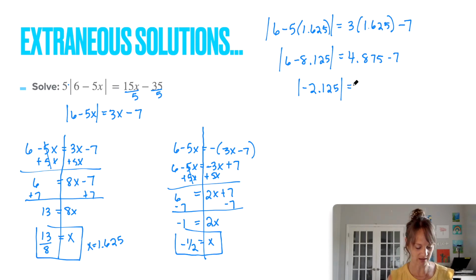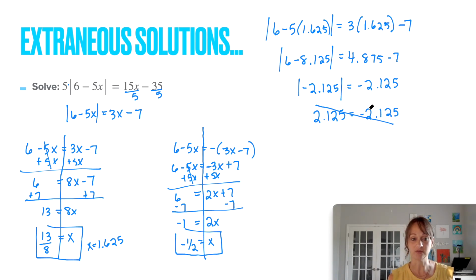And the other side will give me a negative 2.125. The absolute value of a negative 2.125 is a positive 2.125. Does that equal a negative 2.125? No, they do not equal. So therefore, x equals 13 over 8 would be considered an extraneous solution.